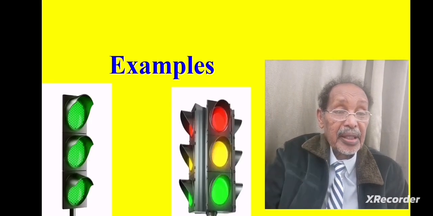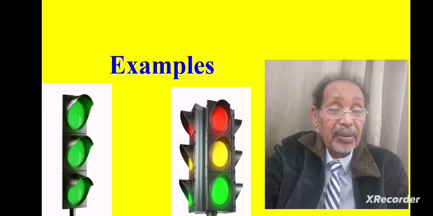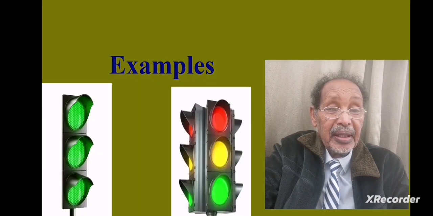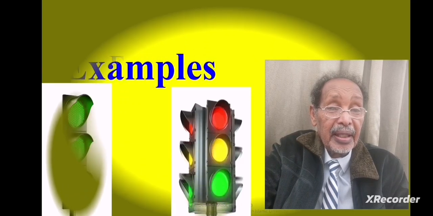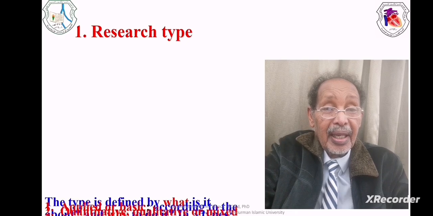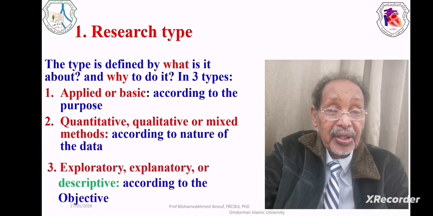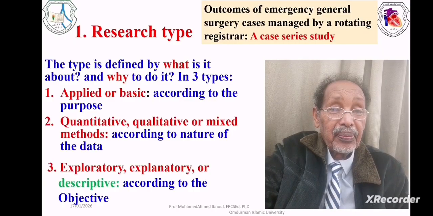And now let us speak about more examples to make things easier. These interconnected words are really confusing sometimes. Now let us speak about this research and give an example.